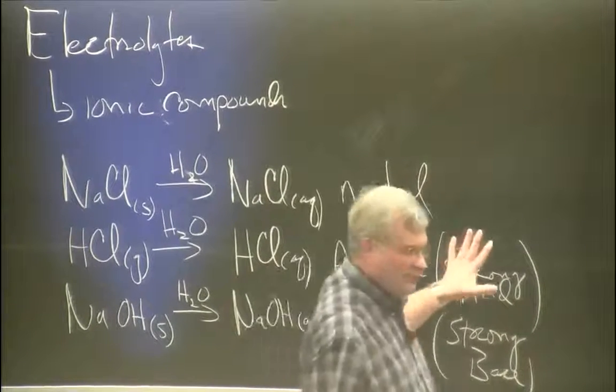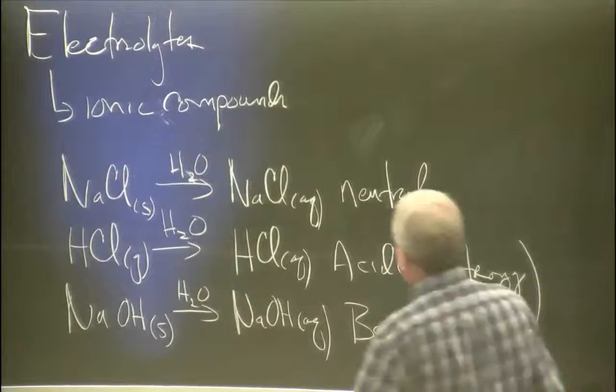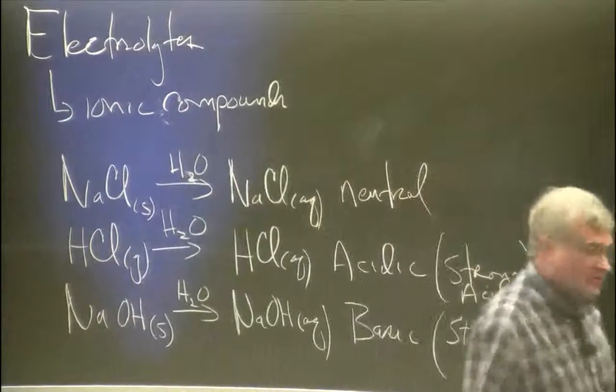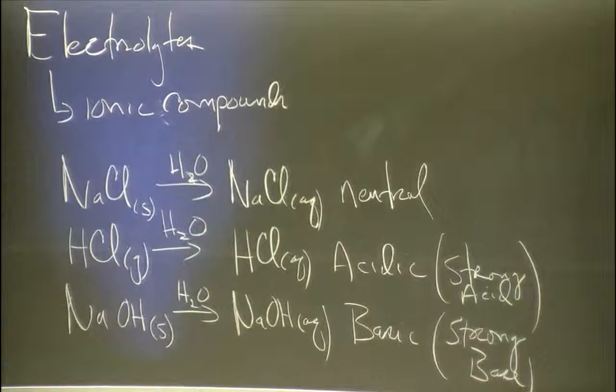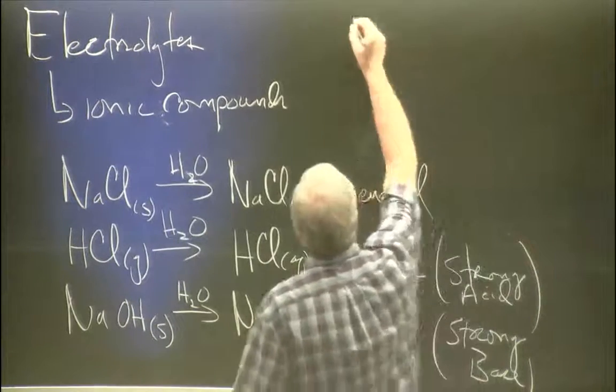Now we'll revisit that very soon in this chapter, but I thought this is a good time to introduce this stuff. Now, we'll just call this a neutral salt, the sodium chloride. Notice I have strong acid, strong base, and this guy is also a strong electrolyte.